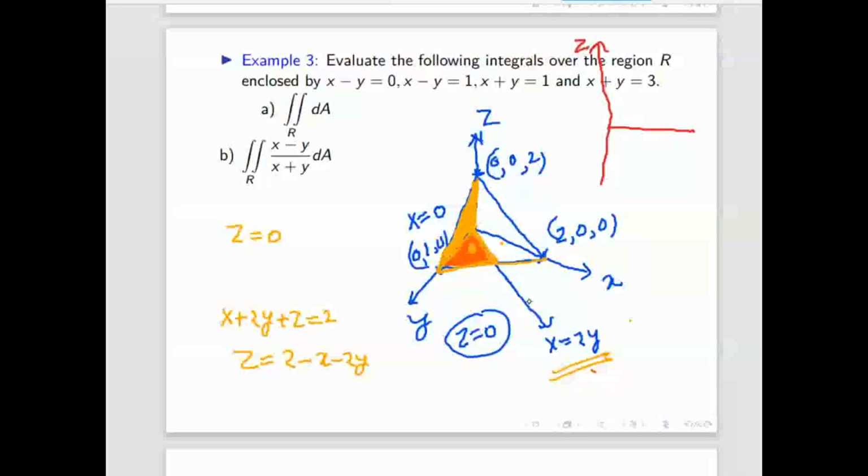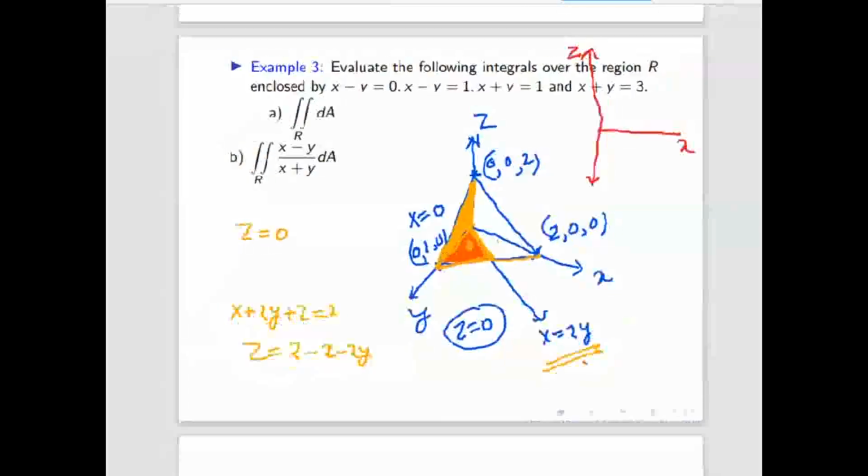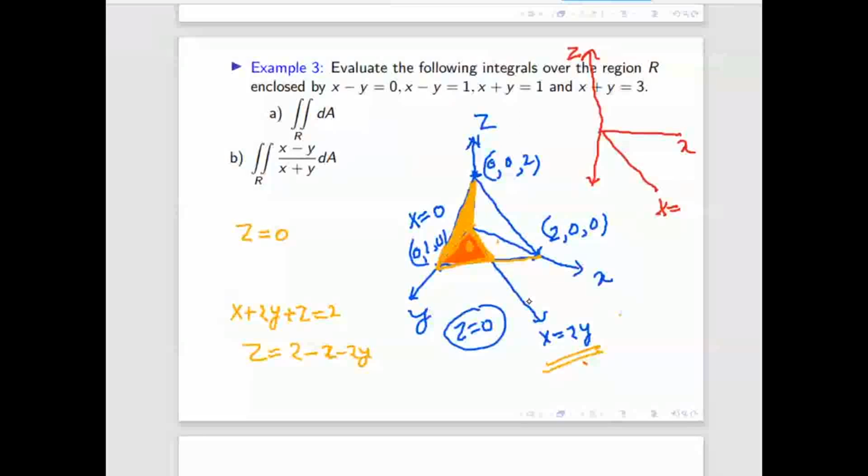I'm not worried about this because the z limit is done. So this is y, this is x, and this is the portion of x equal to 2y at this plane, and this is z equal to 0. That means this bottom, and this plane portion, it will go from 0, 1, 0 to 2, 0, 0. So this is the region in the xy plane.